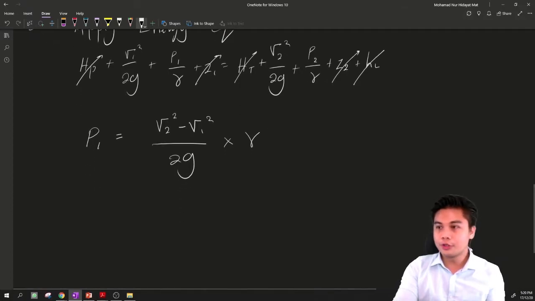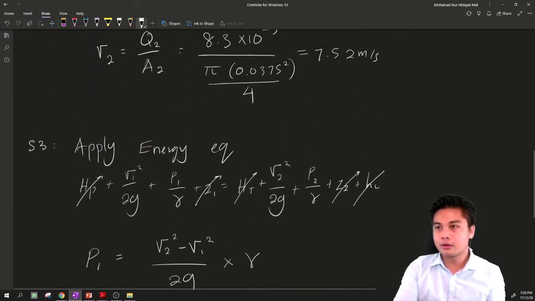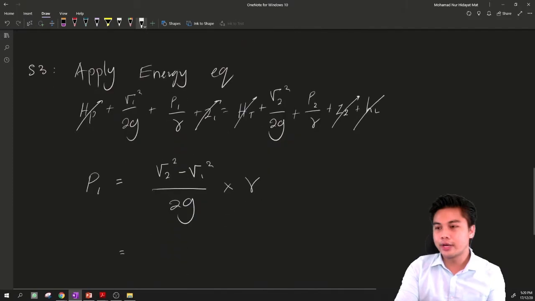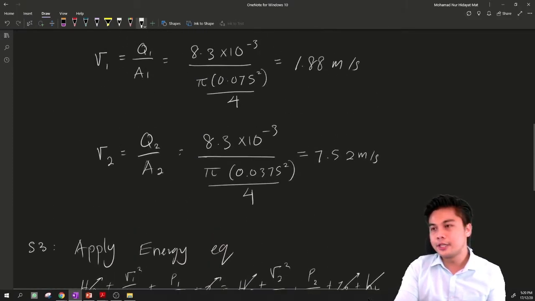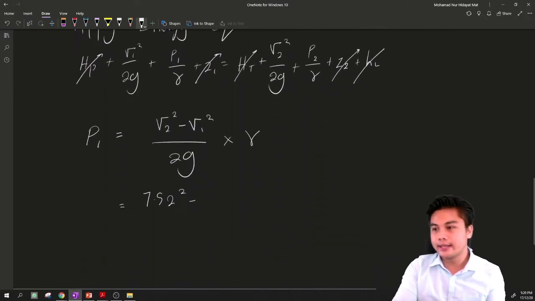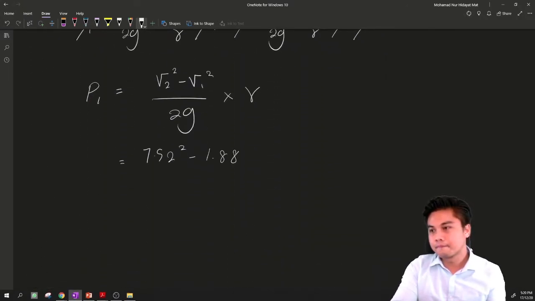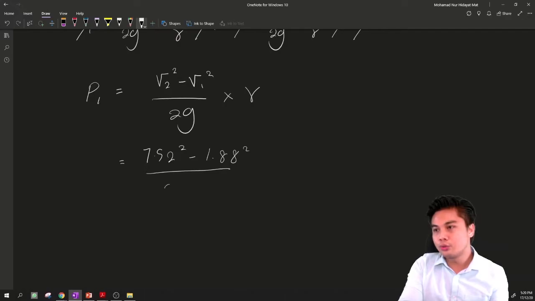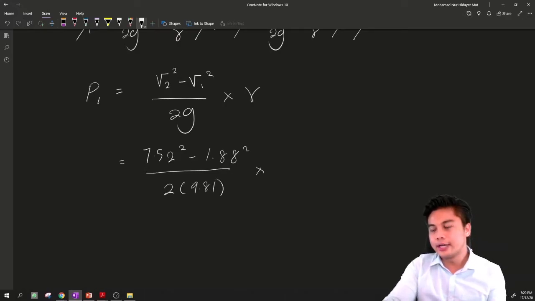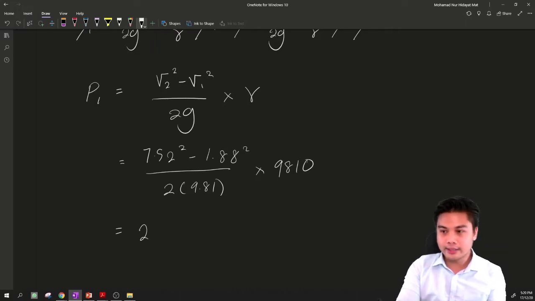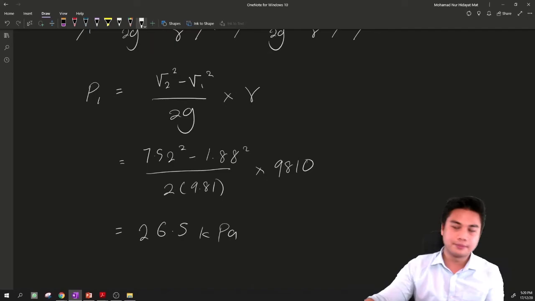V2, what you found previously, is 7.52 squared minus V1, which is 1.88 squared, over 2g, 9.81, multiplied with gamma, 9810. Lastly, you will get pressure 1 as 26.5 kilopascal.